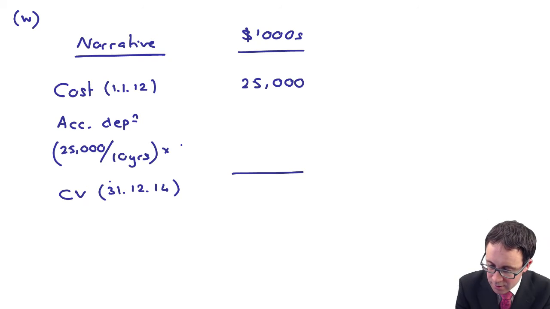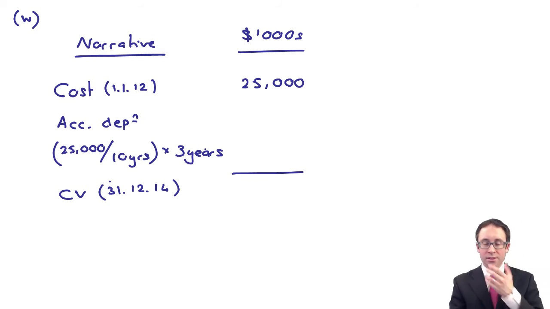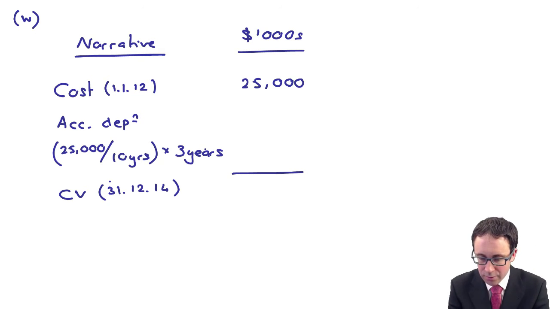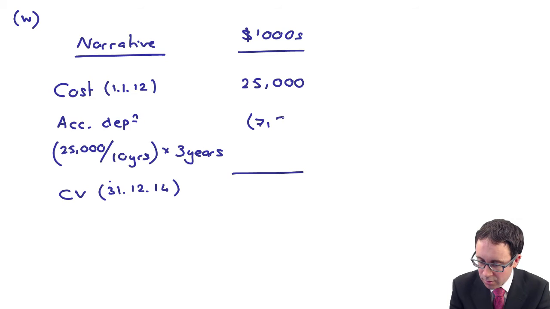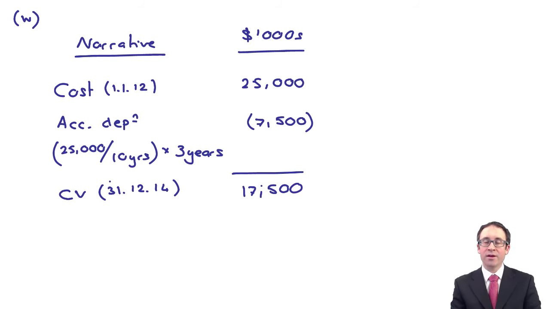Okay, so that there is 3 years, isn't it? So 1 year is 2,500. 3 is 7,500. So my carrying value at the date of change is 17,500.